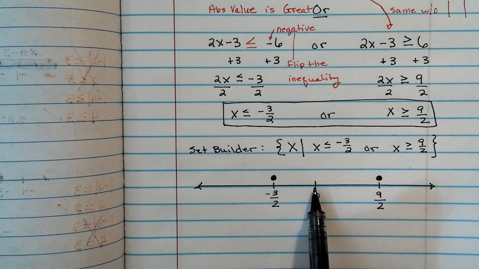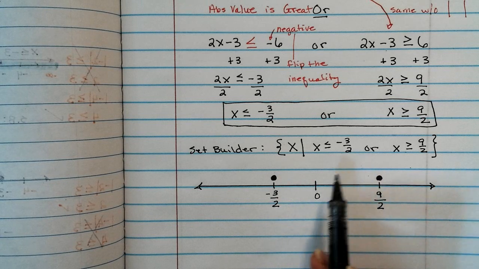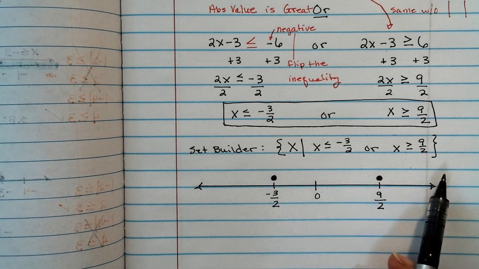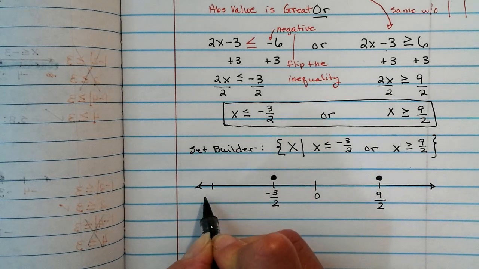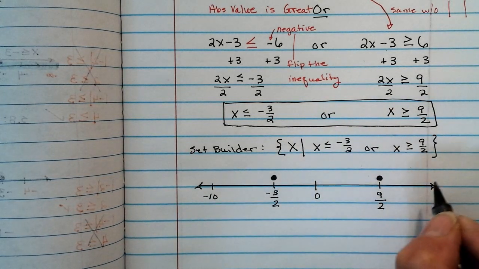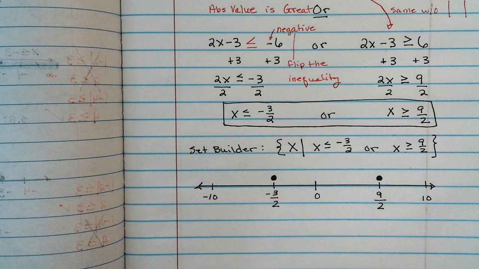Well, we have 0. We can always check 0. And if this is true, then we know it's going to be in the middle. If it's not, we know it's going to be on the end. But we could always check some number out here, like -10, and out here, like 10. So this is not to scale by any means.